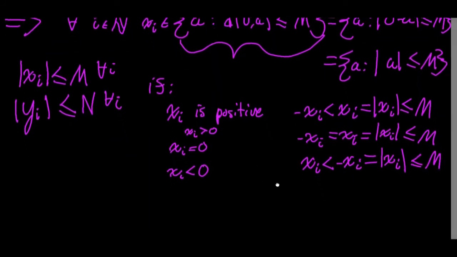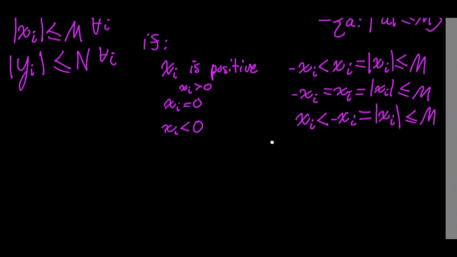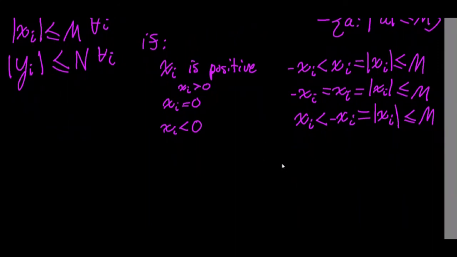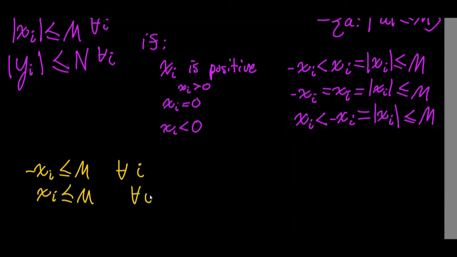And we can say the same statements for yi, and I won't write them here, but this allows us to say the following. Negative xi is less than or equal to M for all i, and positive xi is less than or equal to M for all i. And we can say the same thing for the yi's.